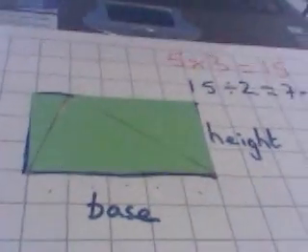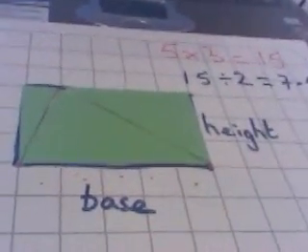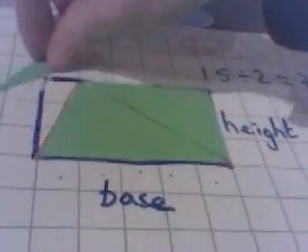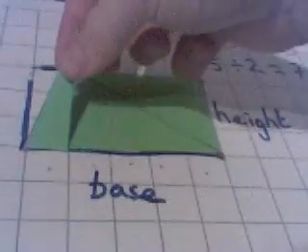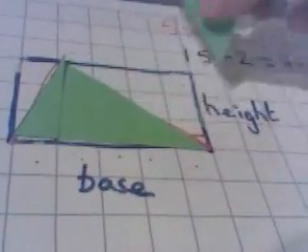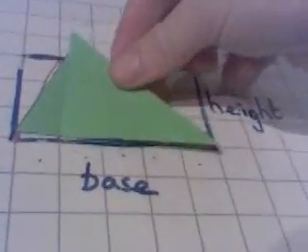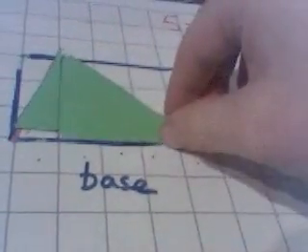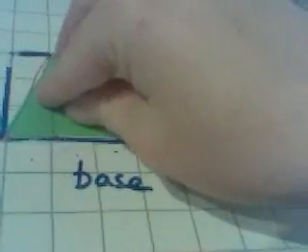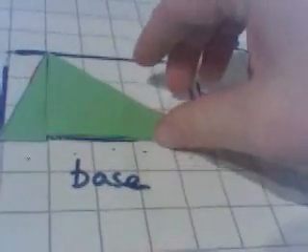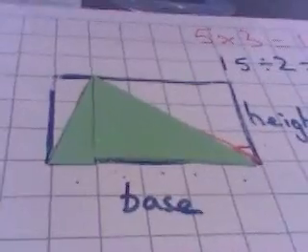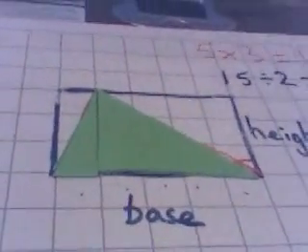So there's my rectangle. 5 times 3 is 15, and now I can take these pieces and clearly I can fit them exactly on to the triangle. And so those pieces, original triangle, they're the same, so the triangle must be half of the rectangle.